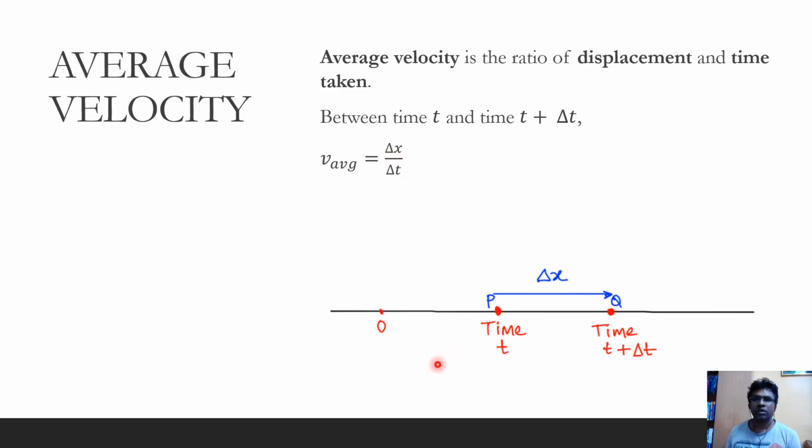The particle may be at this location P at time t. At a later time t plus delta t, the particle is at this point Q. So the average velocity is simply the change in position divided by the time taken.